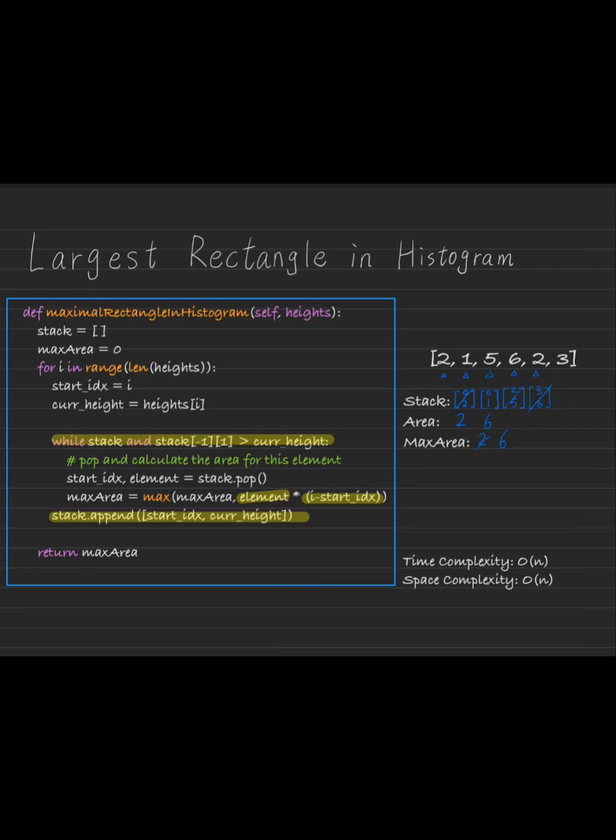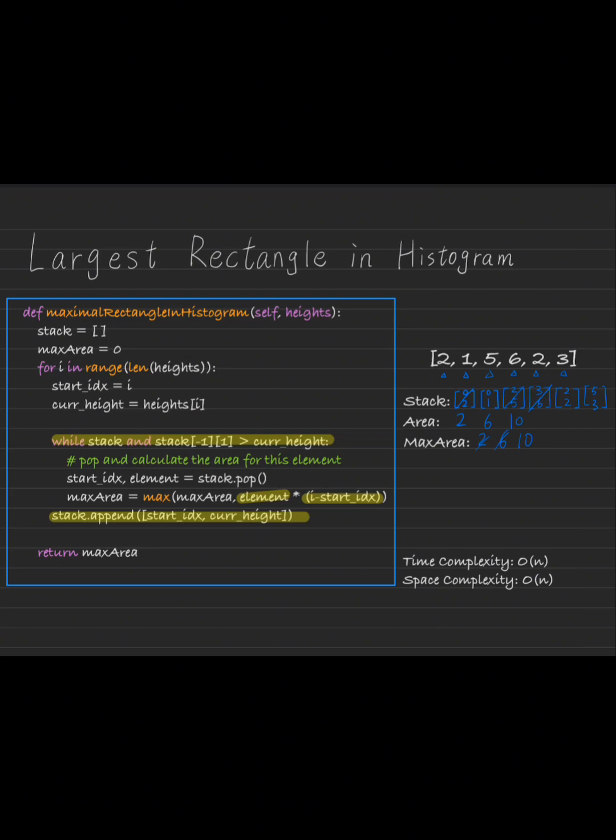For the number 5, the area is 5 times 4 minus 2 equals 10. So the max area is now 10. And since 1 is smaller than 2, we stop the popping here and add 2 on the stack. Now you can see that the stack is always increasing in value, hence the name monotonic stack.